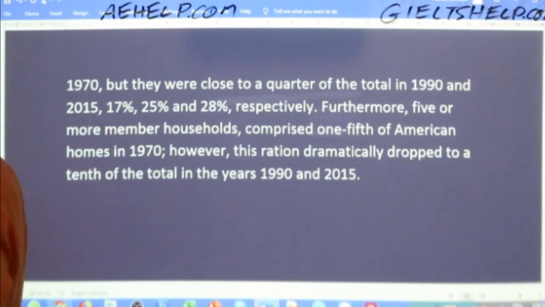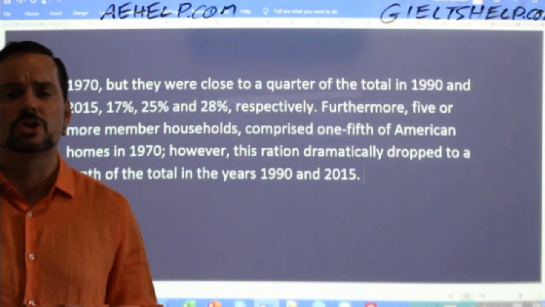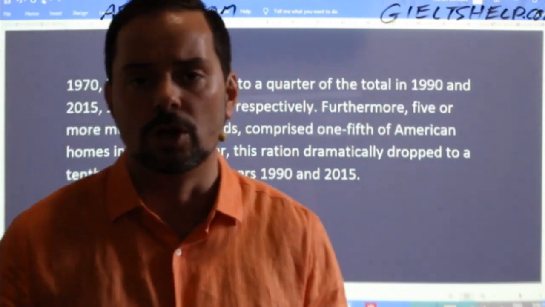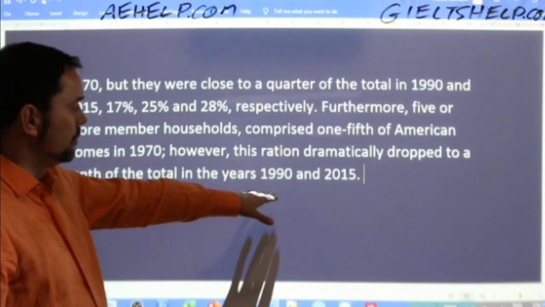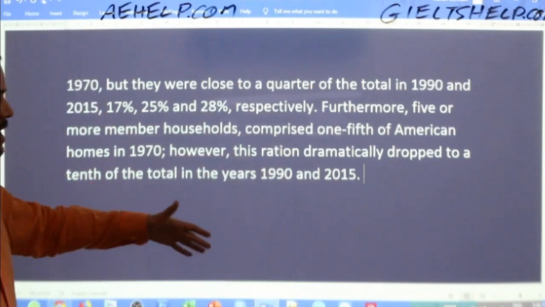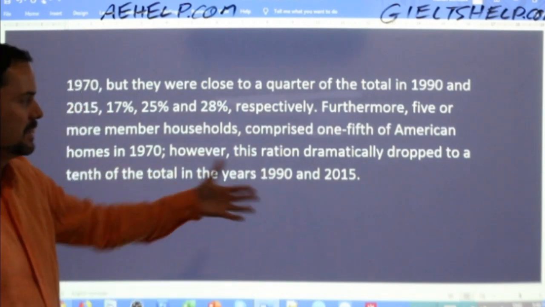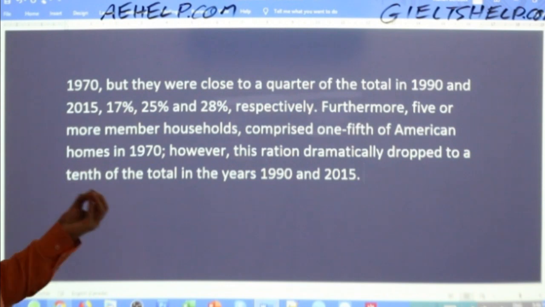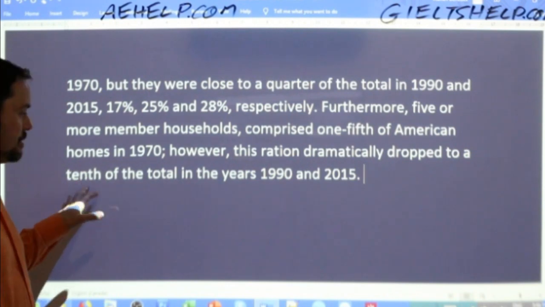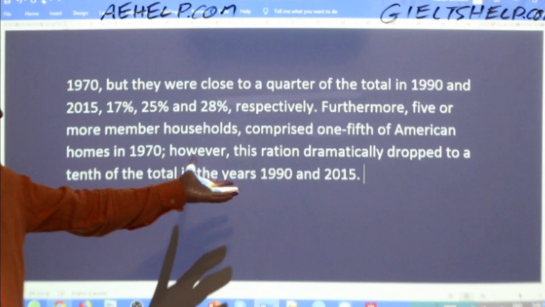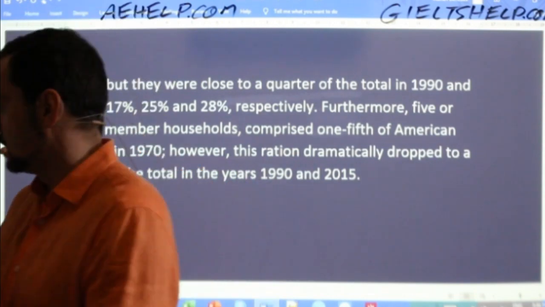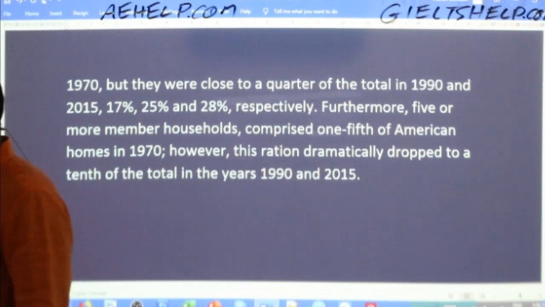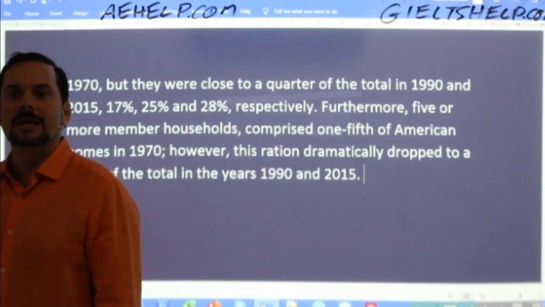Now here I'm not going to write the percentages because they're so close to those actual ratios. So in fact, in 1990, it's roughly 10%. It's 10.4%. So I'm not going to write 10.4% because 10.4% is so close to 1/10 of the total that I don't need to write it. That would just be repetitive. You don't want to have repetitive information. Okay. All right, let's see what some of you have here.